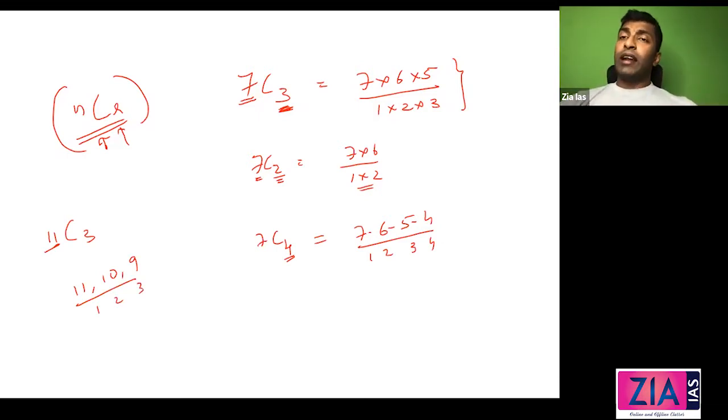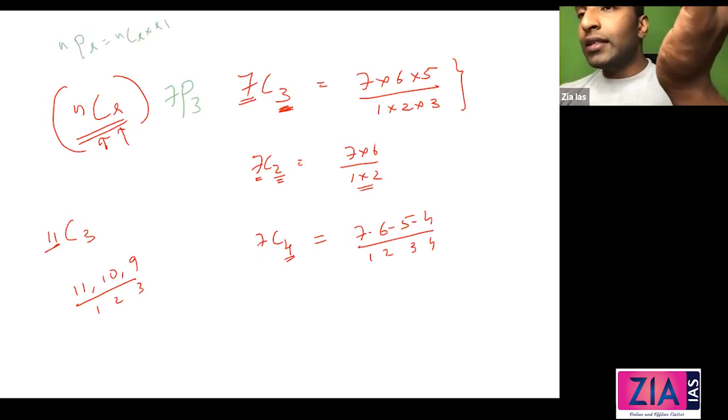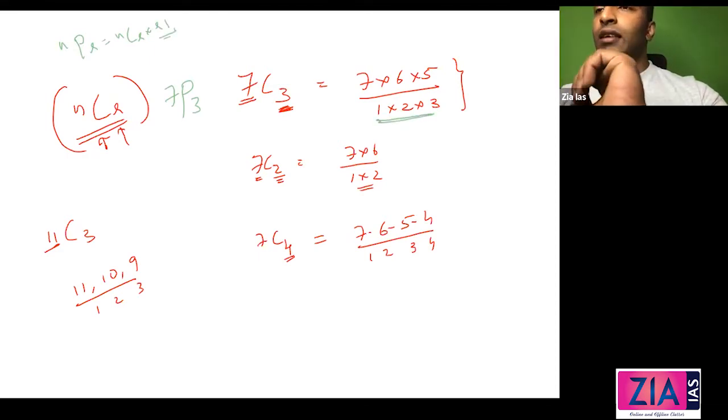Okay, similarly you will get P also, in case you are getting 7P3. Guys, for this NCR and NPR, the relation is NPR equals NCR into R factorial. So when you are multiplying this, this will go.